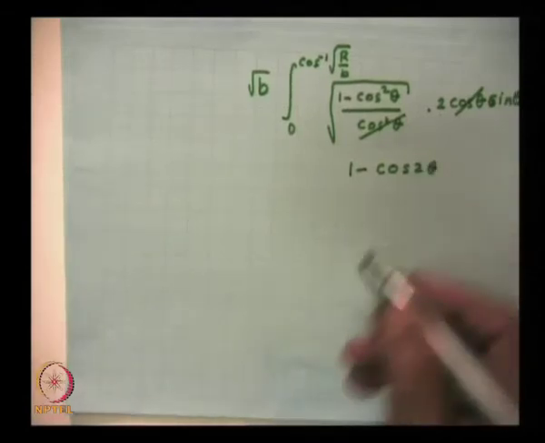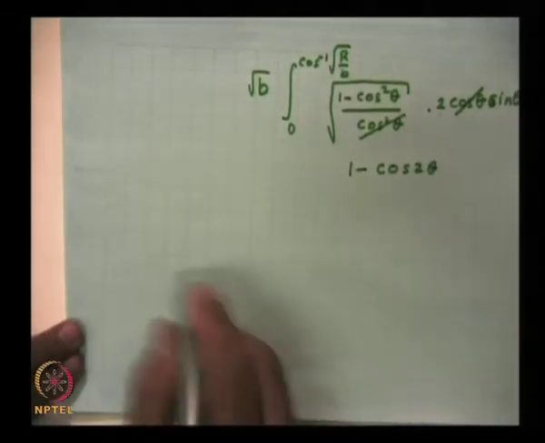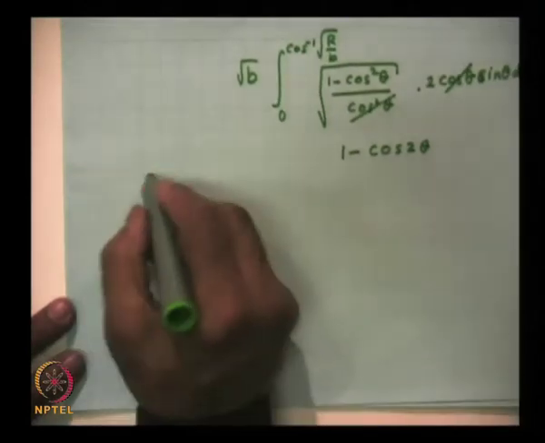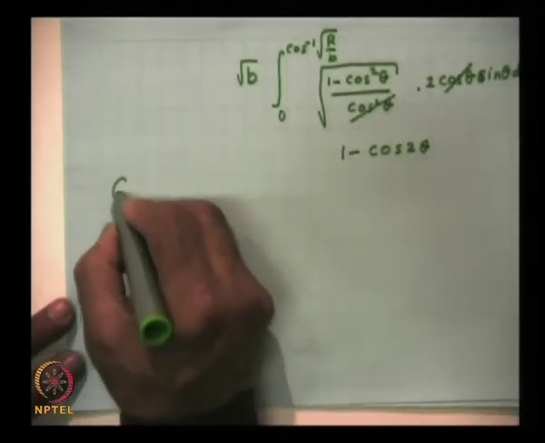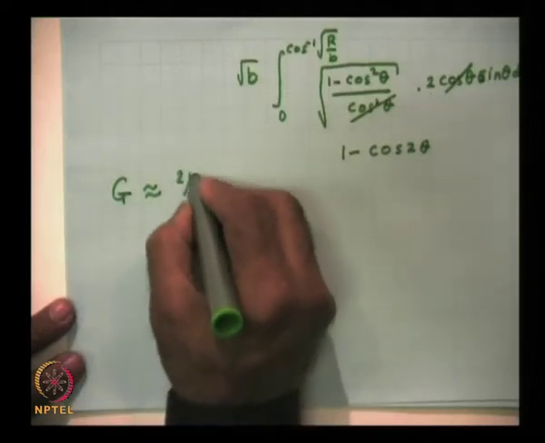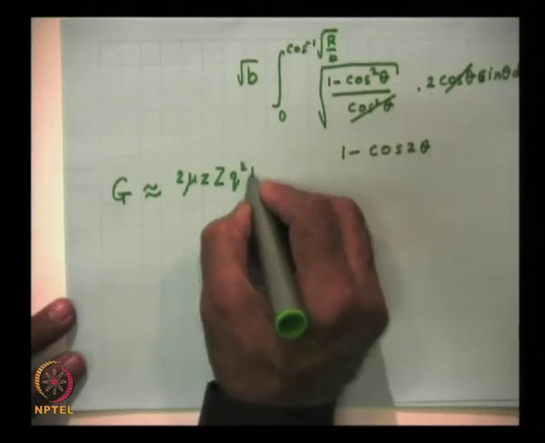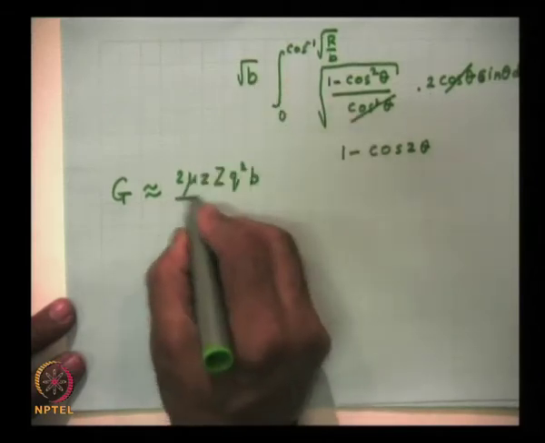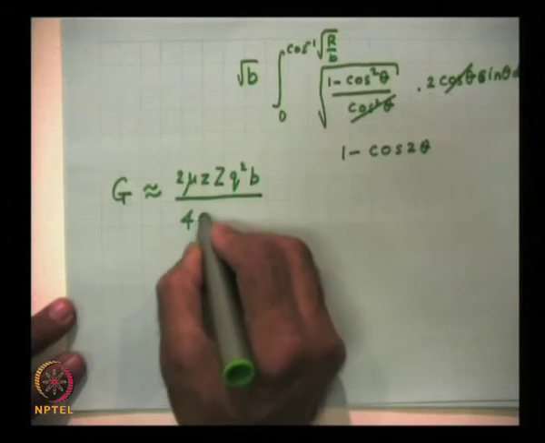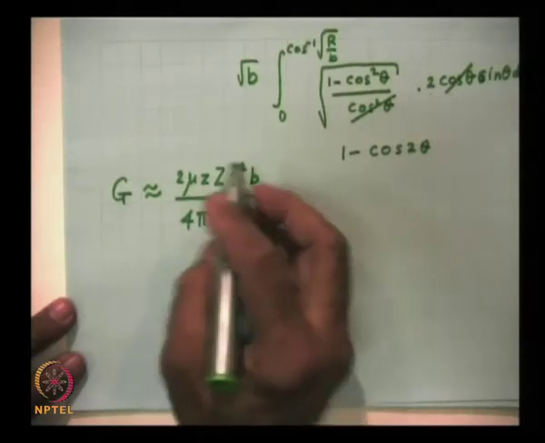So, now the integration is very simple and the final result becomes g equal to under the root of 2 mu z Z q square, and b comes inside because of this factor, divided by 4 pi epsilon h cross square.